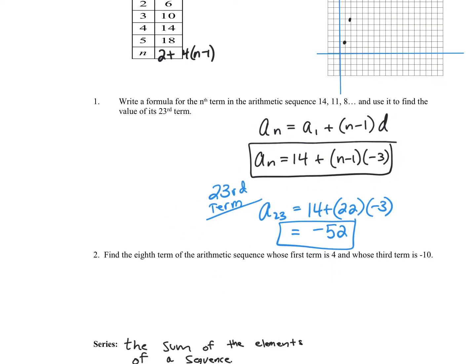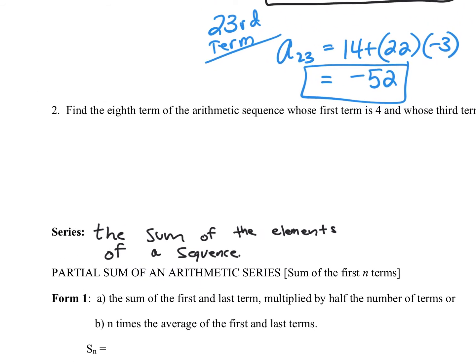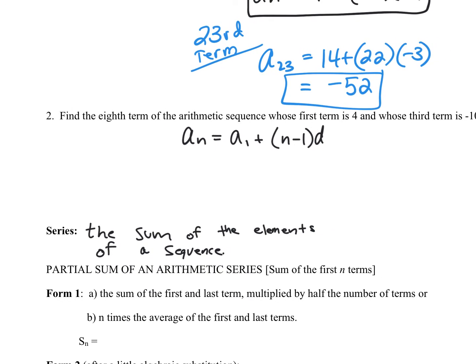Now we are going to look at example 2 as well, where they ask us to find the 8th term of an arithmetic sequence whose first term is 4 and whose third term is negative 10. So there's a little bit of complexity here. We know that our general nth term in the sequence is a sub n equals a sub 1, our first term, plus n minus 1 times d. So let's fill in what we know. Well, we know that the first term is 4. I'm still going to use n minus 1 because we're not necessarily looking for a specific value here.